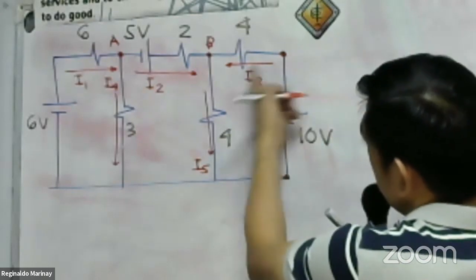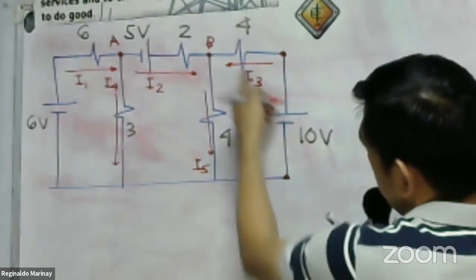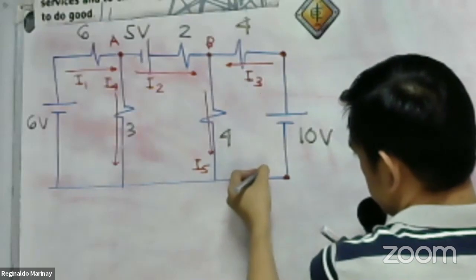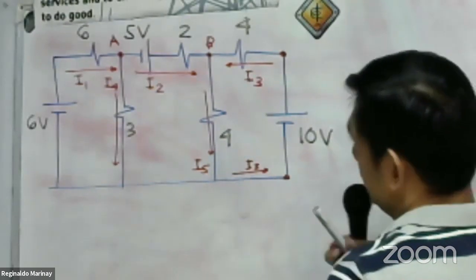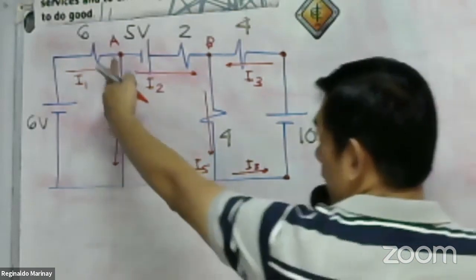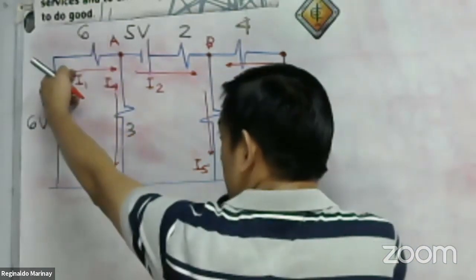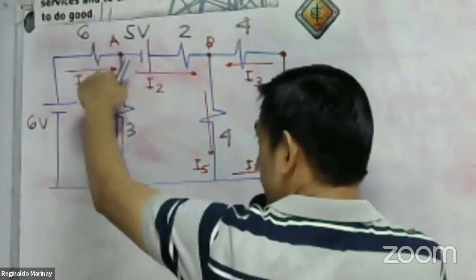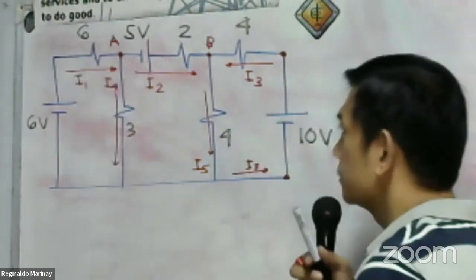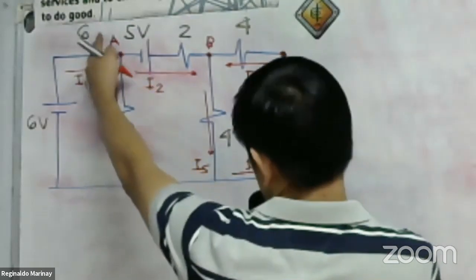The current flowing here is I3 and this is also I3. There is no division of the current. Unlike at node A, I1 divides into I2 and I4. So therefore, this is a node.